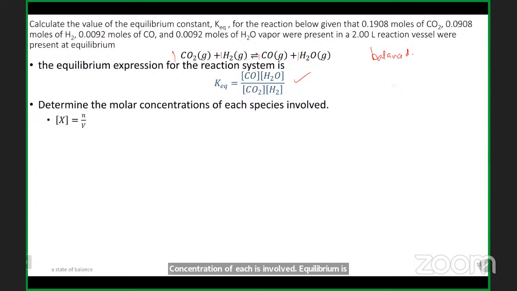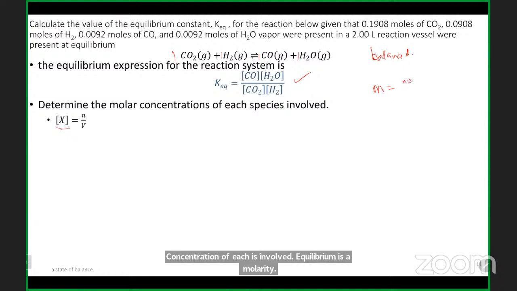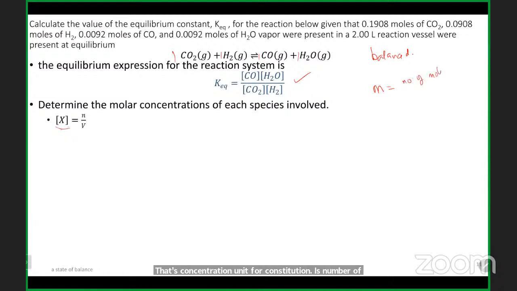Concentration, the unit for concentration, is number of moles over volume in dm cubed, so that's n over V. From the equation, we are given the number of moles for CO2, the number of moles for H2, the number of moles of CO, the number of moles of water vapor, and the volume of the reaction vessel is 2.0. From that, we know that it's a closed vessel.